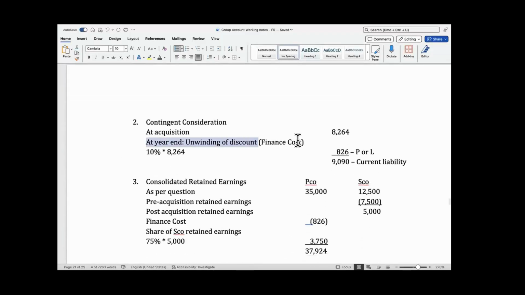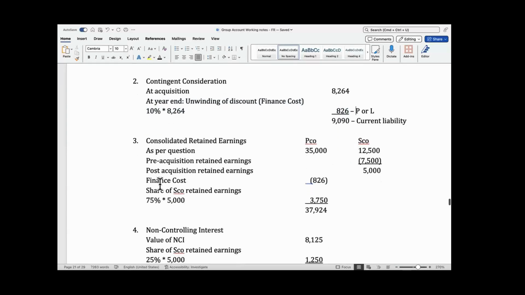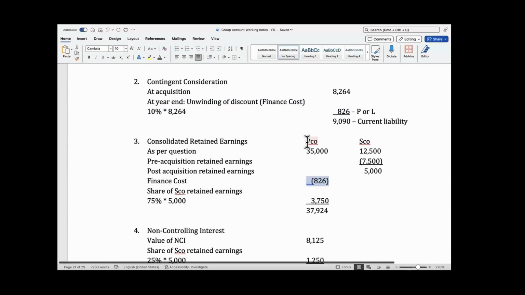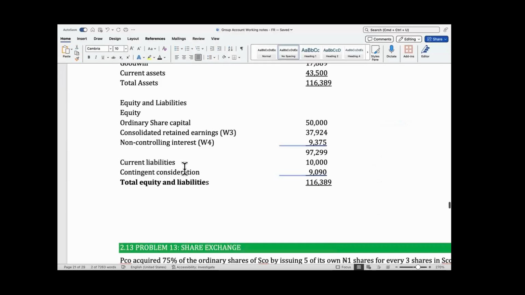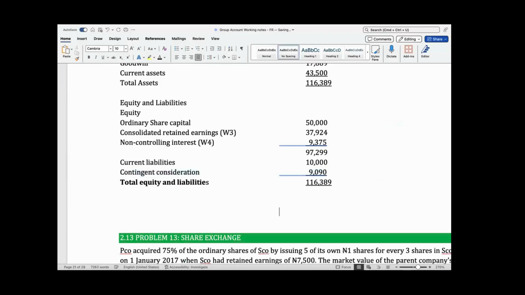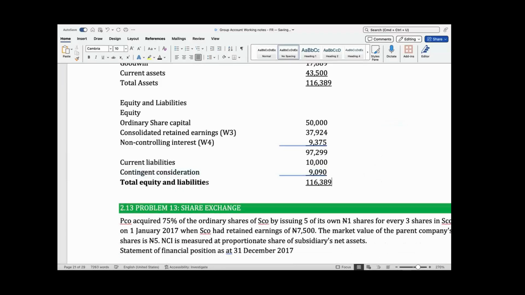So we unwind the discount at the end of the year by applying the discount rate on the opening balance. That unwinding of discount, which is a finance cost, goes to P&L, which ultimately impacts the retained earnings of the parent. And we did not forget to add the contingent consideration as part of our current liabilities. And that's really it for that particular one.